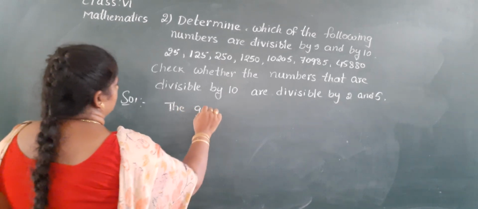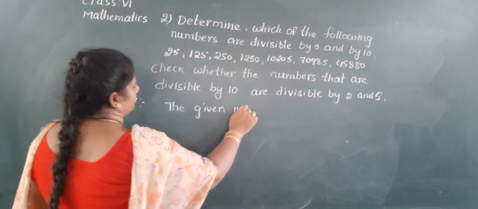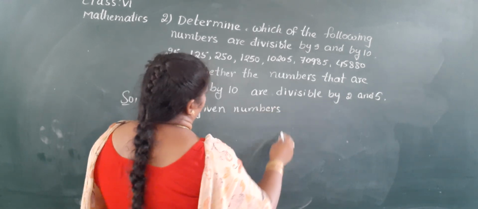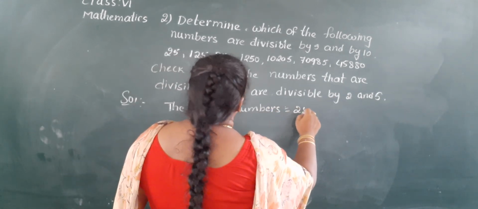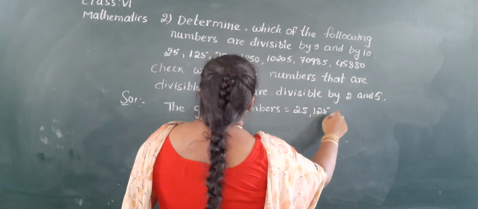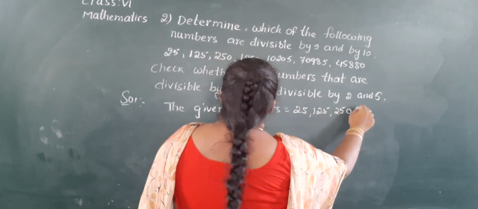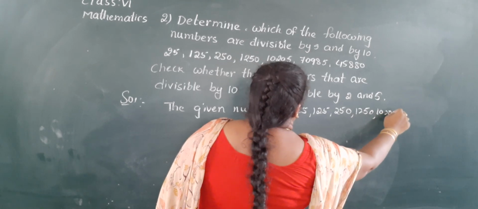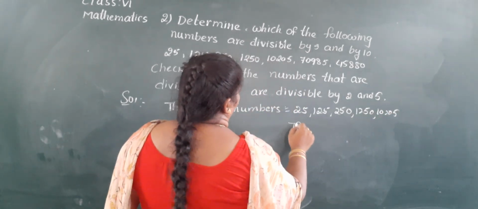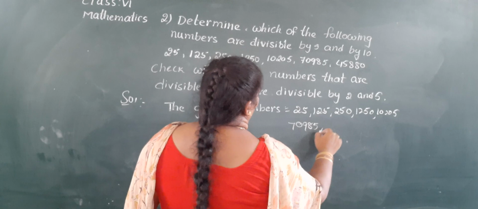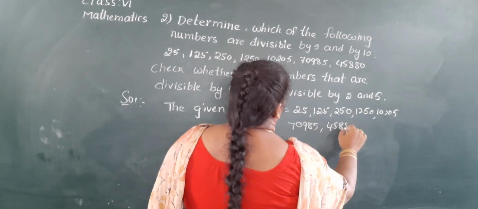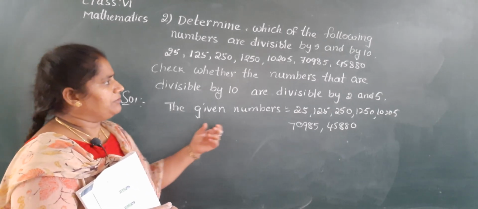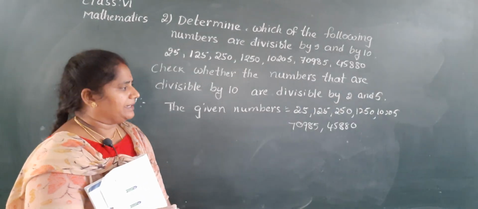The given numbers 25, 125, 250. So determine which of the following numbers are divisible by 5 and by 10.